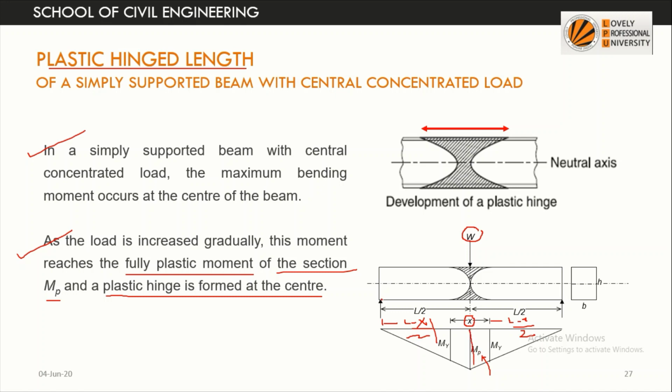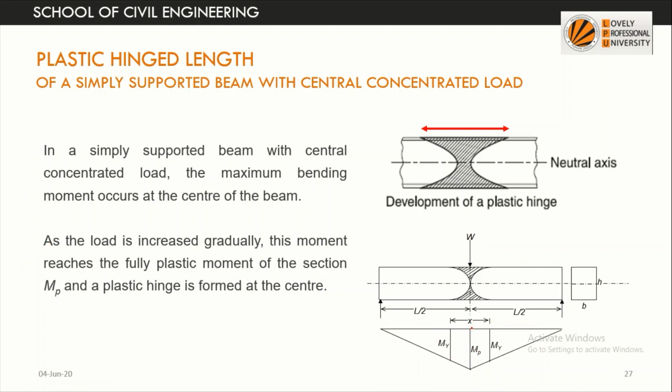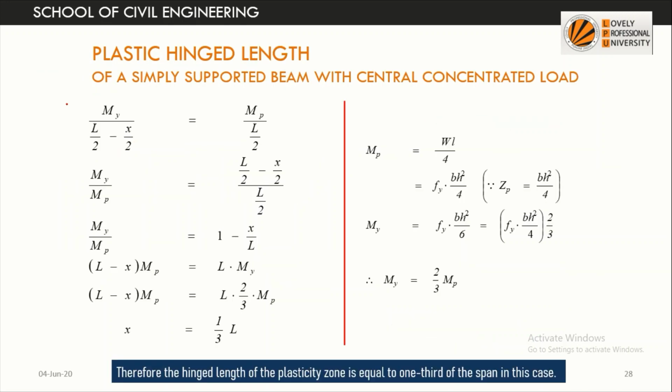By similar triangles we can write MP divided by L by 2 is equal to My divided by this distance, L by 2 minus X by 2. So we can write: My divided by (L by 2 minus X by 2) is equal to MP divided by L by 2.